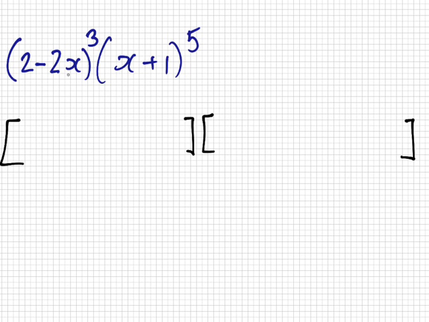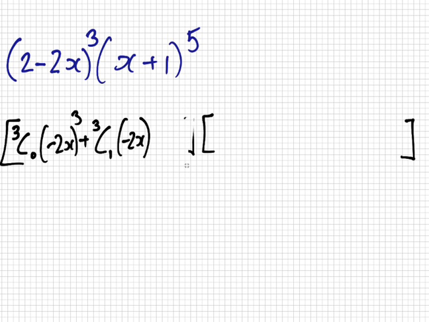So I should start with the 2x, then it's decreasing. So I have 3c0 minus 2x cubed plus 3c1 minus 2x. I need space. I'm writing it again with more space, because it's a bit cramped.